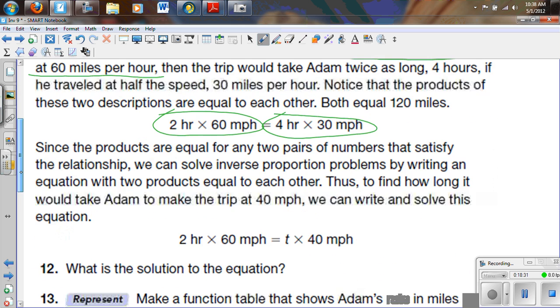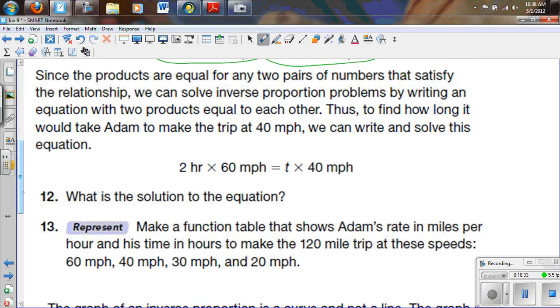In 2 hours he can make it at 60 miles per hour, but if he's going 40 miles per hour, how long is it going to take him? We can solve this by dividing both sides by 40, solving simple equations, because we know that t times 40 is equal to 2 times 60. We can do some canceling here.